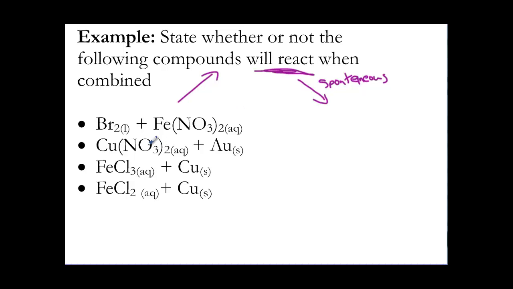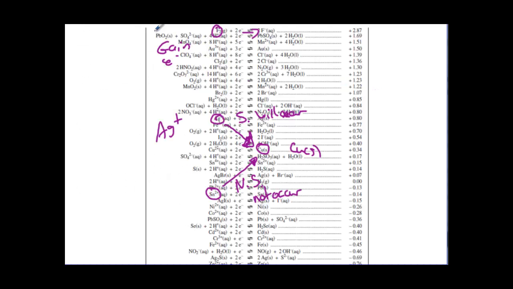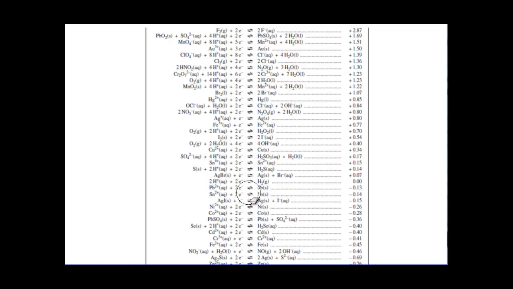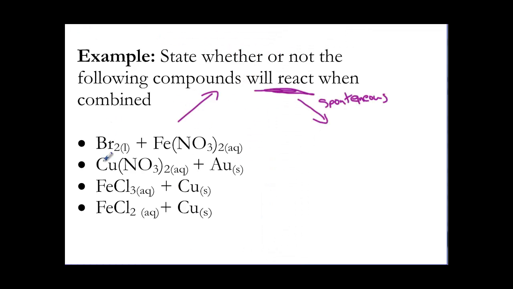So the way I recommend you do this then is find all of the species on your data table. Some of you may have tables that are really marked up, because I always tell my kids to circle stuff. What I may do one day is I might try to make you guys a transparency slide. Some kids discovered they like using transparencies because they could write all over this and then erase it and start again.